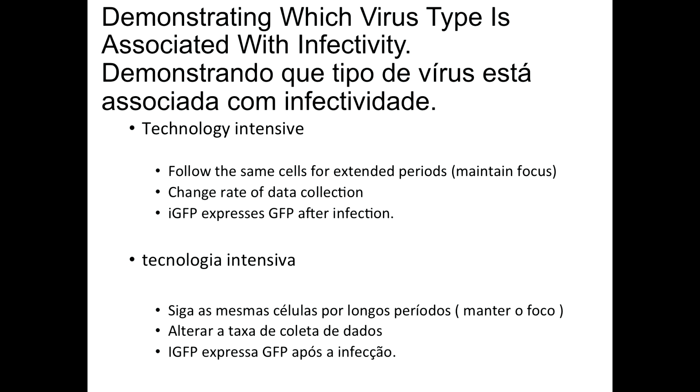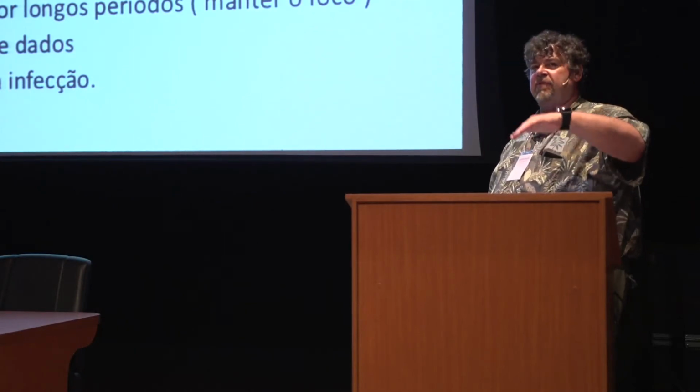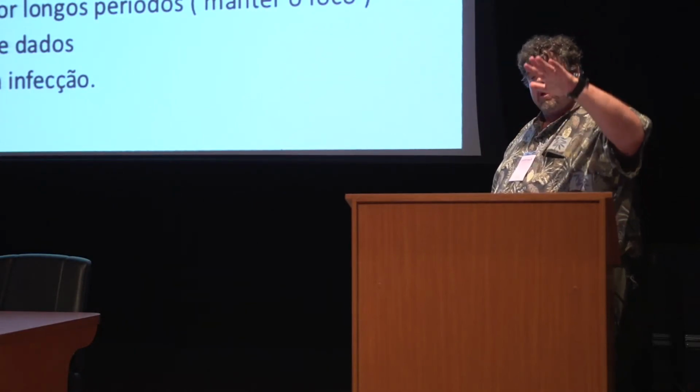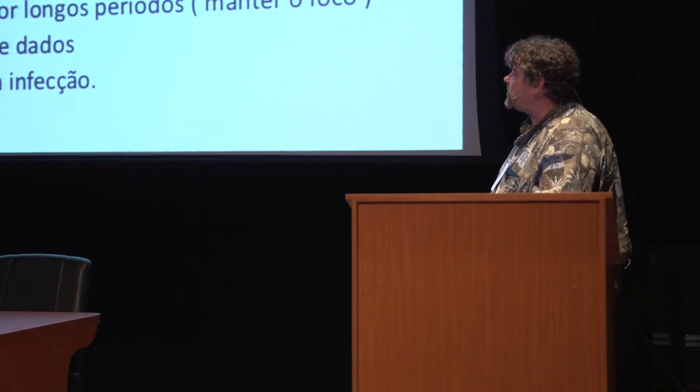So we can look at 300 cells at a time. And so what we're doing is basically watching the cells for a day and a half. So we start in our early time window, taking an image about every 3 minutes, a Z series throughout. You can't do that for a day and a half because you'll just cook the cells, but we can do that for a while, and then we can shift and have less.